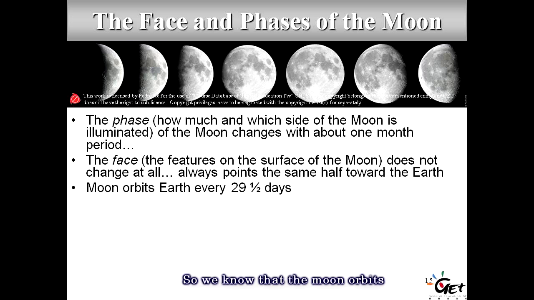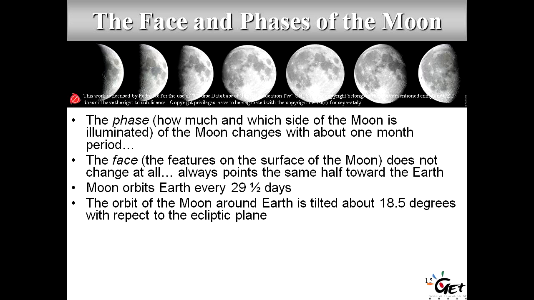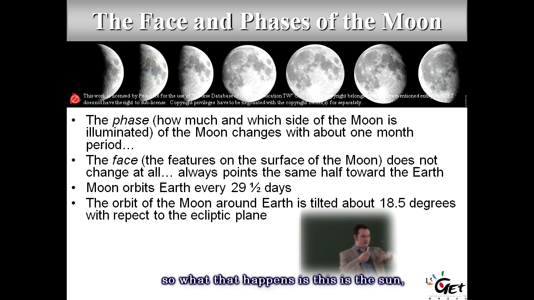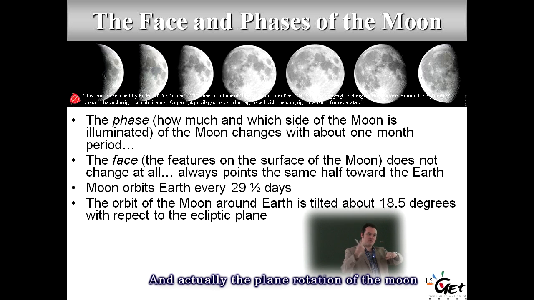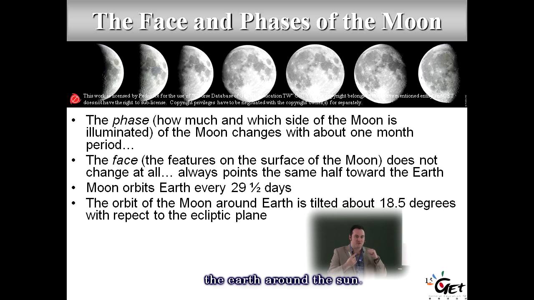So we know that the moon orbits the Earth every 29.5 days. We mentioned that in the first lecture. And the orbit of the moon around the Earth is slightly tilted. So what that means is, this is the sun, this is the Earth turning around the sun, and actually the plane of rotation of the moon is not aligned with the plane of rotation of the Earth around the sun.